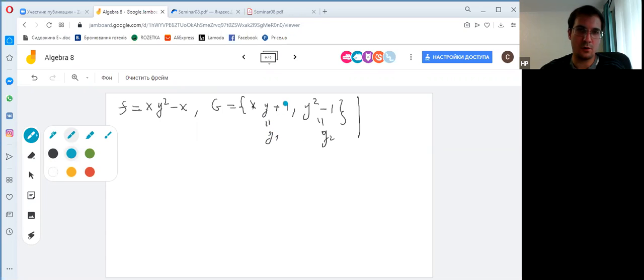Of course, it is not 1, it is xy. So the leading term of g1 is xy. What is the leading term of g2? Again, it is of course not minus 1, it is just y squared.